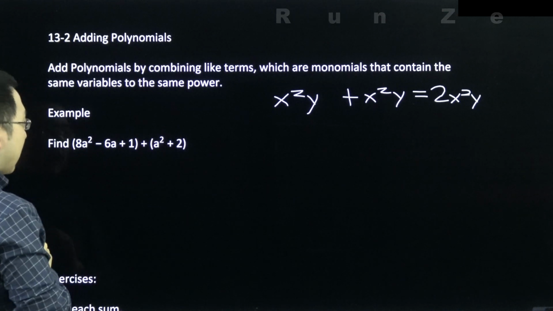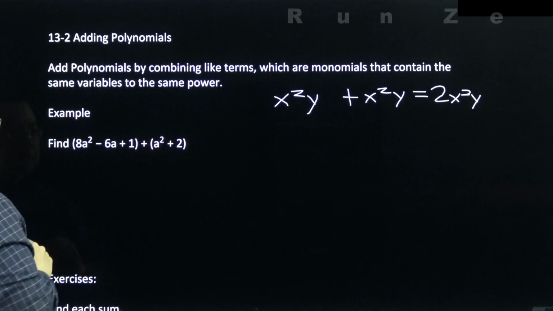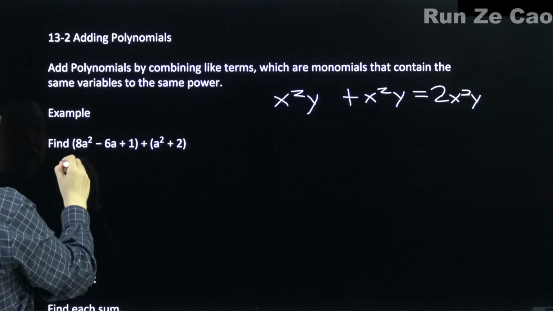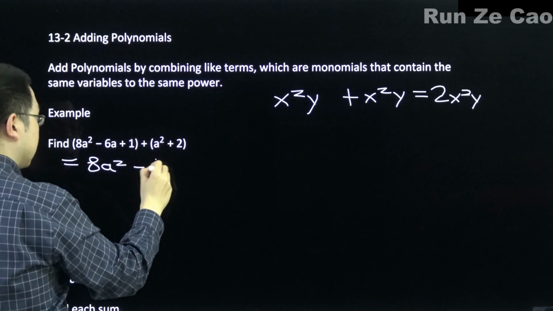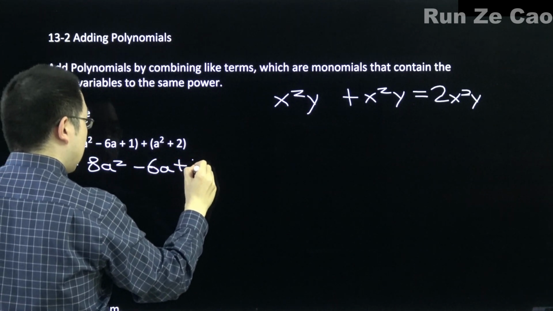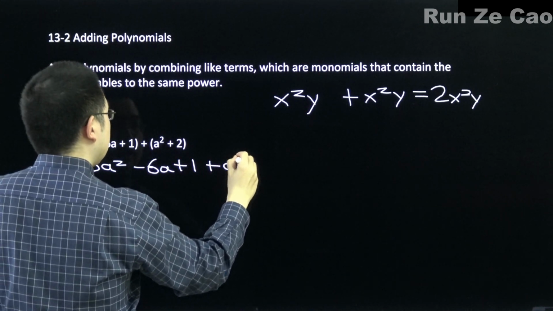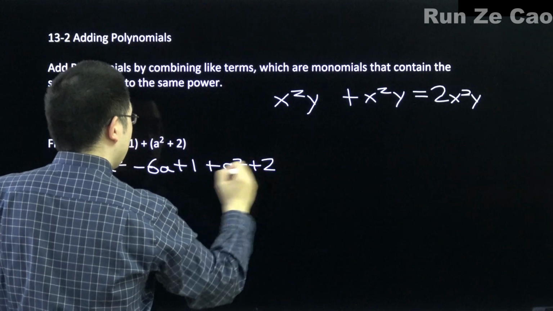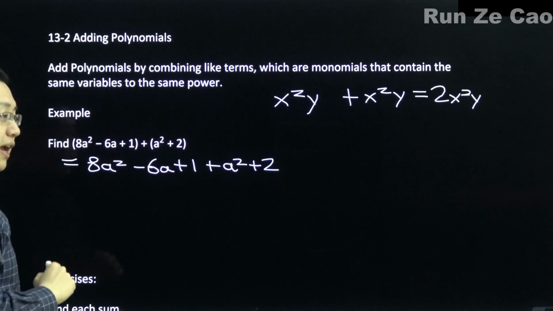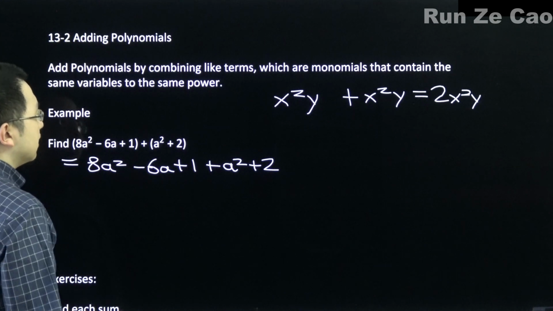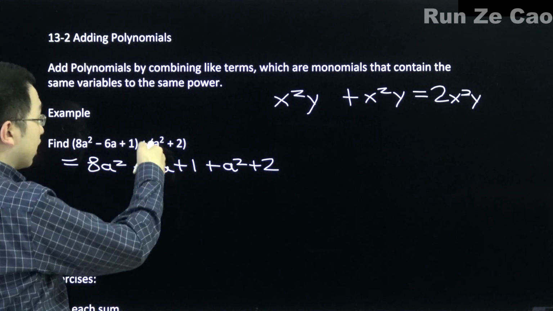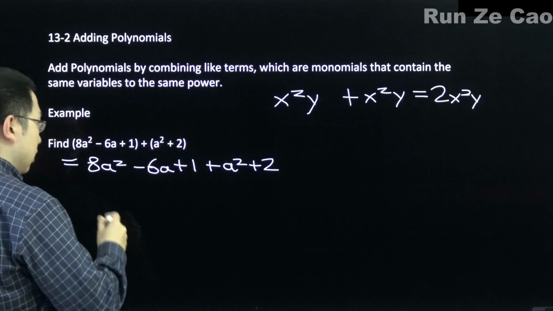So let's say we gotta find this. Well, we gotta open up the brackets first. 8a squared minus 6a plus 1 plus a squared plus 2. You might go like, wait, why do we bother with that for additions? Yeah, it's because for subtractions, you're going to need to flip some signs.